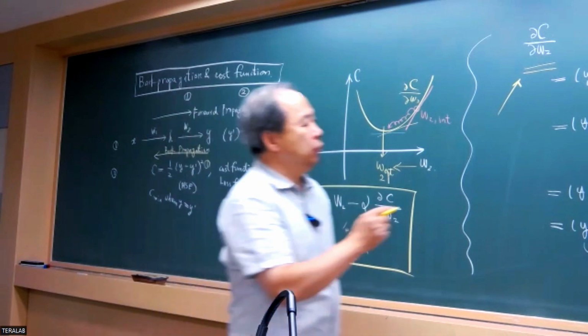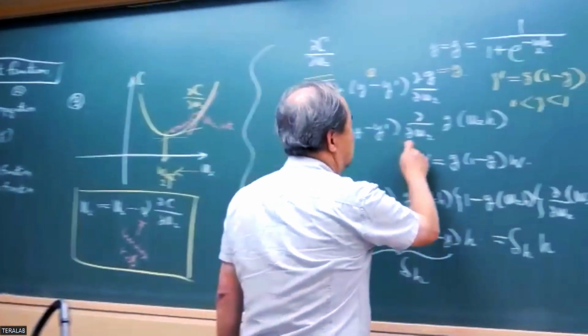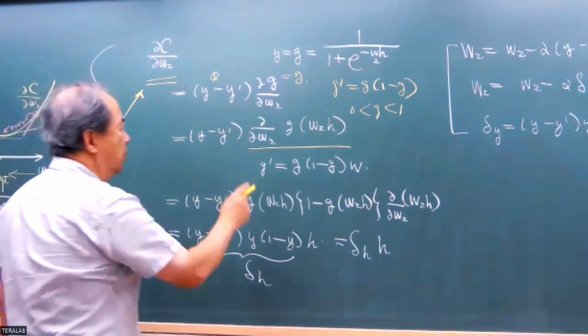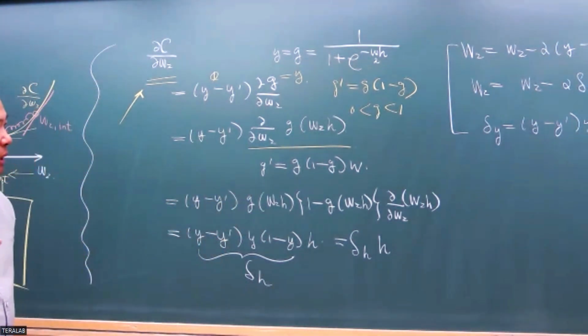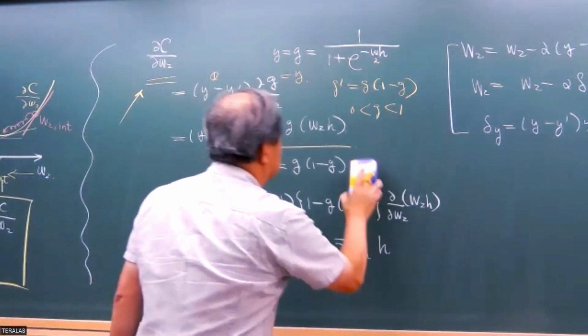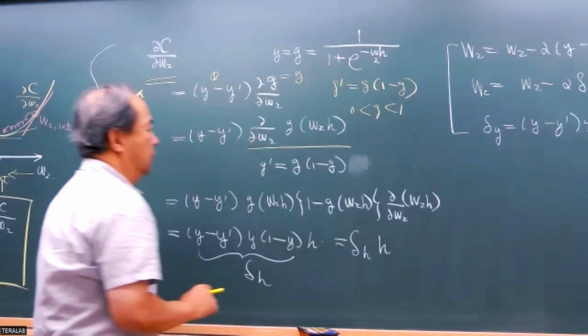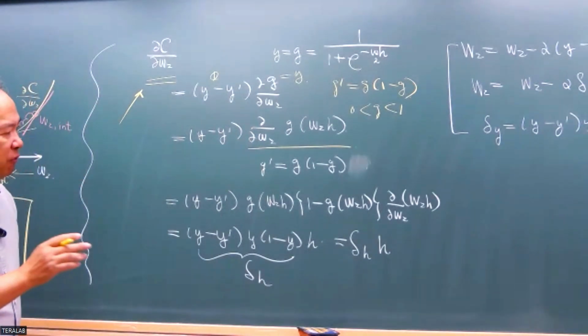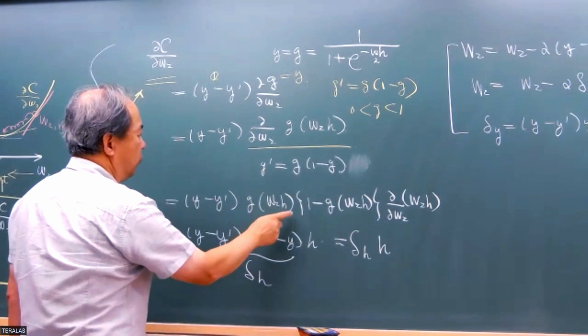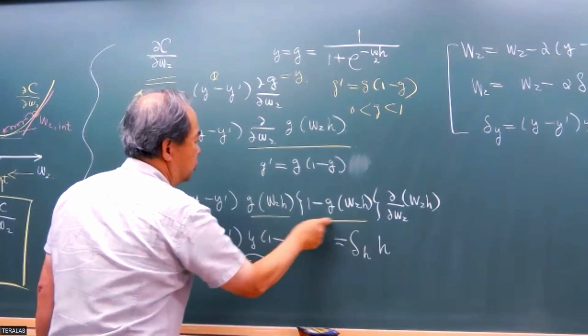And then we have to do the derivative of sigmoid function with respect to W2. And you remember in the previous class, the derivative of sigmoid function is represented by g times 1 minus g. So that's why we have g(1 minus g).